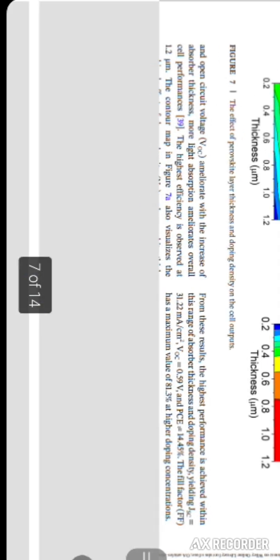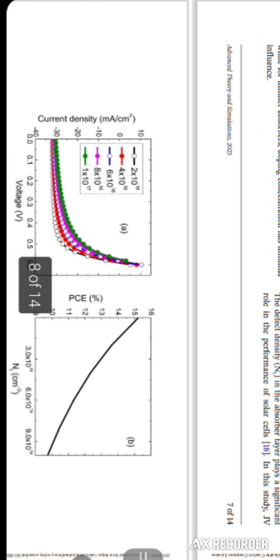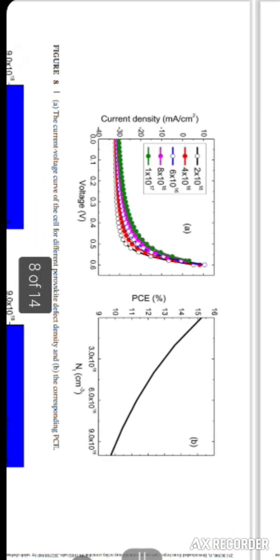Next, they optimize the absorber layer defect density and found that as defect density increases, which is an acceptable result, the efficiency will decrease.